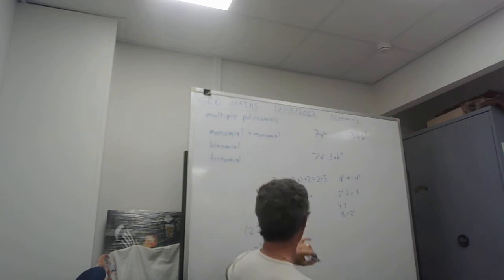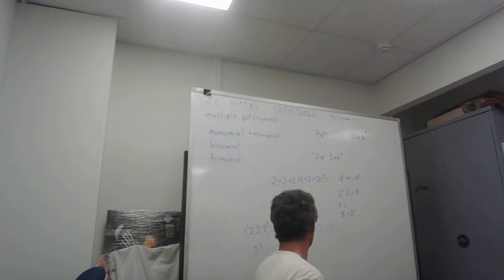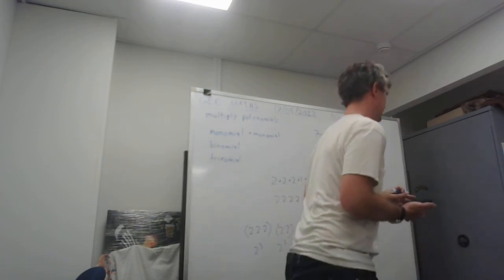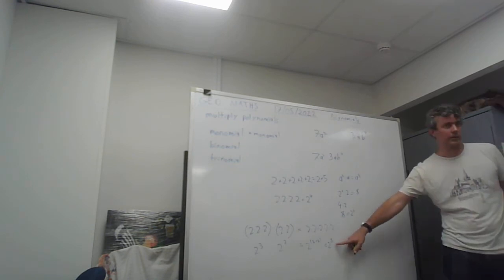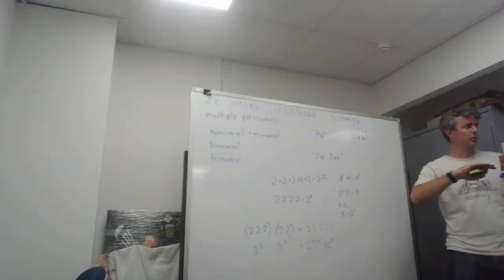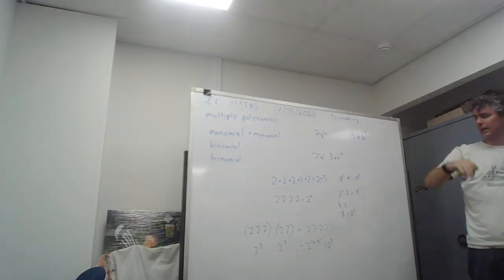So this equals 2 times 2 times 2 times 2 times 2, or 2 to the power of 3 plus 2, which equals 2 to the 5. Okay? It's the key concept with exponents. Basically when you multiply, you add the powers.